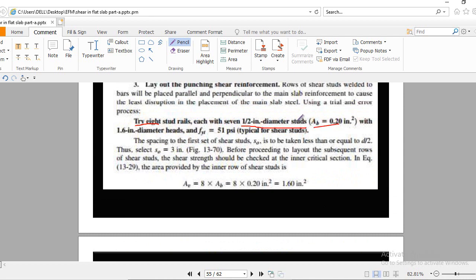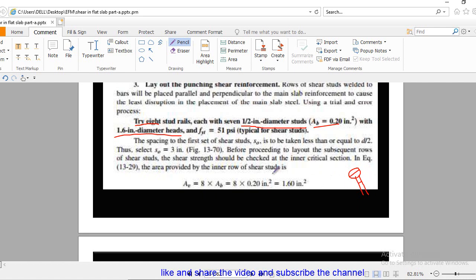Area of 1/2 inch is 0.20 with 1.6-inch diameter heads. I already explained that we have a stud shaft and a head of stud, and the recommendation says it should be 3.2 times this diameter. So we are using 1.6 inch stud head diameter because it increases the effectiveness of stud reinforcement.